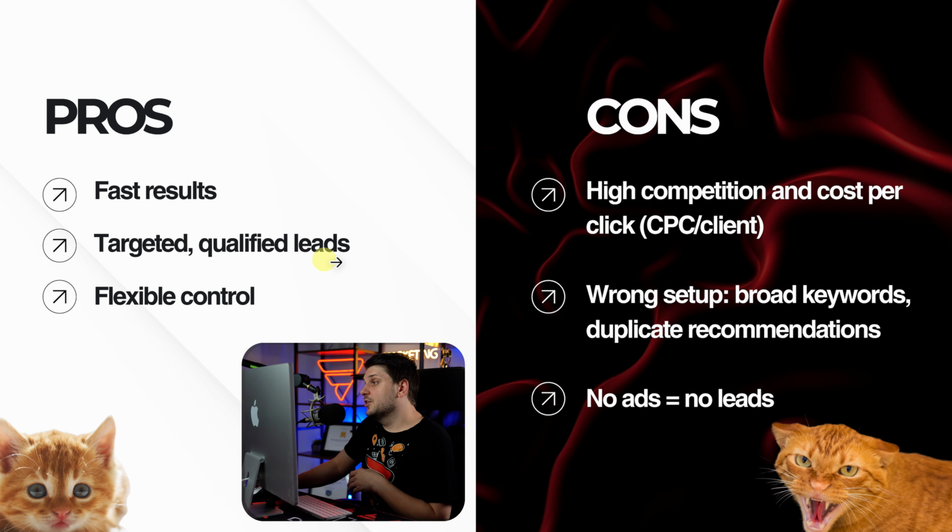About disadvantages, one of them is, in general, high competition and cost per click, cost per client. There are some spheres where at this moment Google Ads isn't reasonable, and sometimes when we do an estimate before starting, we estimate, for example, cost per click can be $10, and if conversions are near 2%, it means 50 clicks multiplied by, for example, $10, which means $500 just per lead.